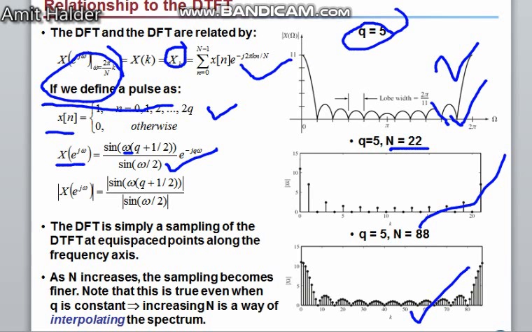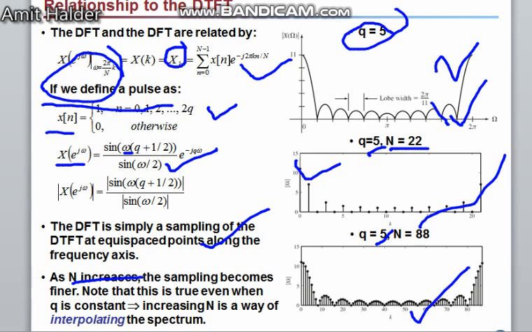So the DFT is simply a sampling of the DTFT at equispaced points along the frequency axis. That is the DFT. It is simple sampling. But for the DFT, as N increases, the sampling becomes finer. Note that this is true even when q is constant. The q is constant here, q hasn't changed, but the number of samples N has been changed.